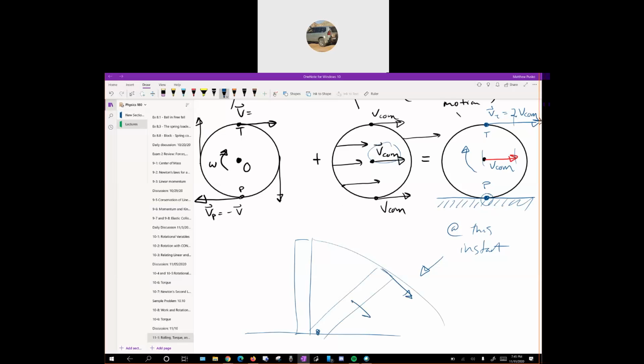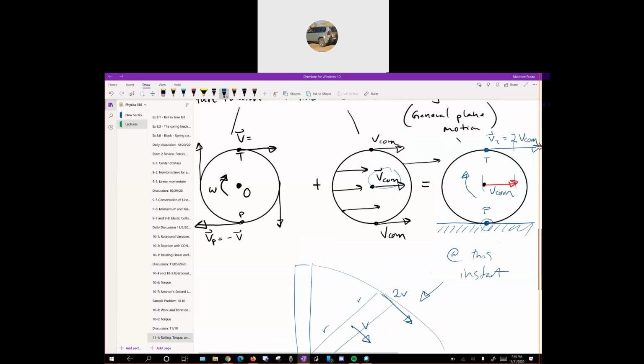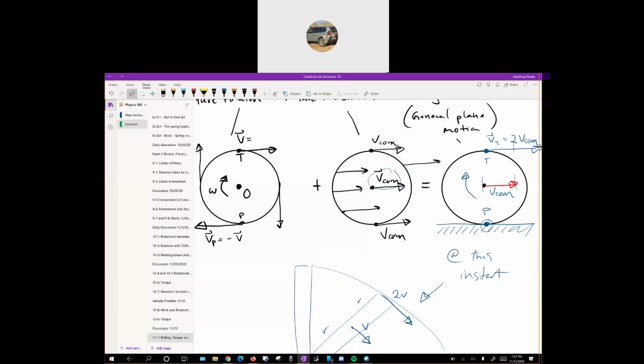So if I call the center of mass V, the tip, if it was equally spaced, would be 2V. And then down here, V is equal to 0. There's just a rotation. So that should help. Yeah, here we go. We have a pure rotation plus the translation gives us the whole picture, general plane motion.